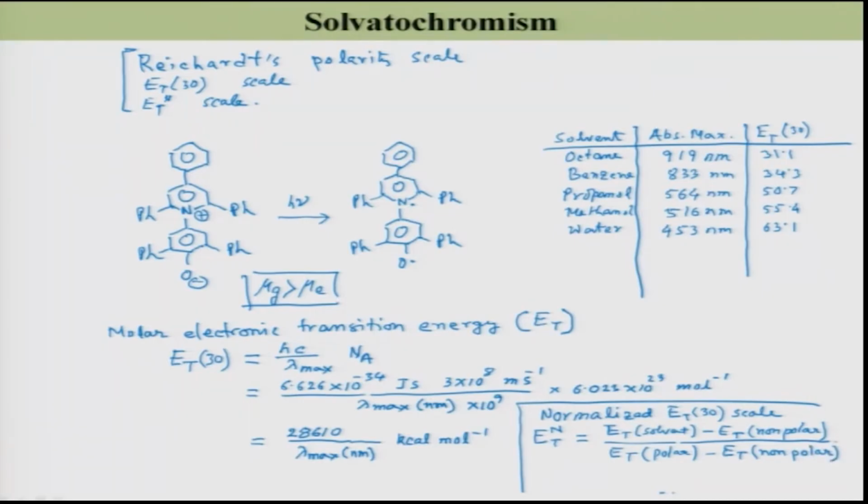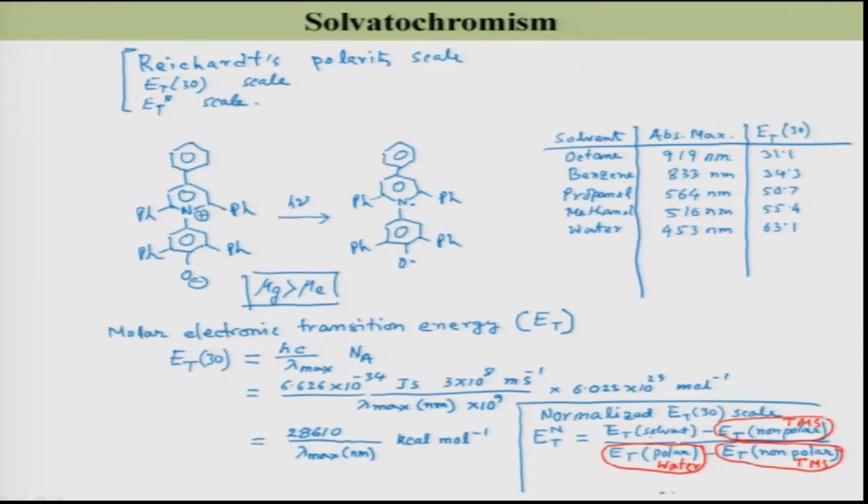He took the most polar solvent as water and the non-polar one as TMS. So, these values are constant values. When the solvent is water, this value is nothing but 1, and when the solvent is TMS, then this value is going to be 0, that is it.